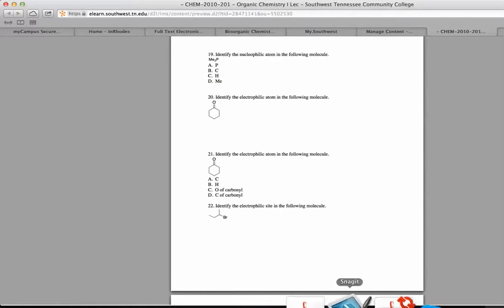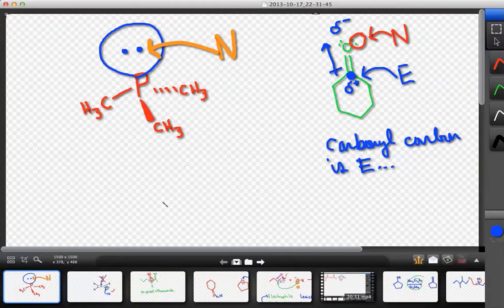So going back to the easel, the electrophilic atom is going to be the carbon atom that is bonded to the bromine atom, because this will have a partial positive charge. In other words, it is a Lewis acid. Bromine, on the other hand, will have a partial negative charge. It is a Lewis base.